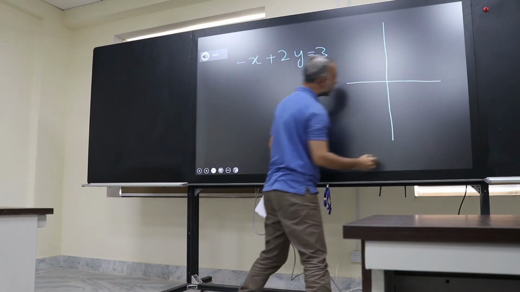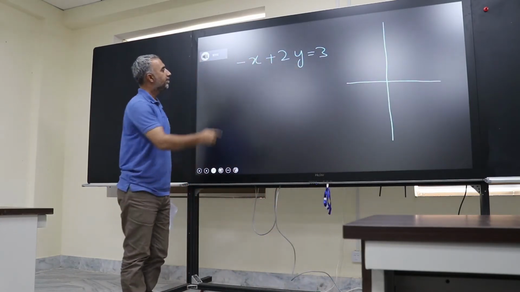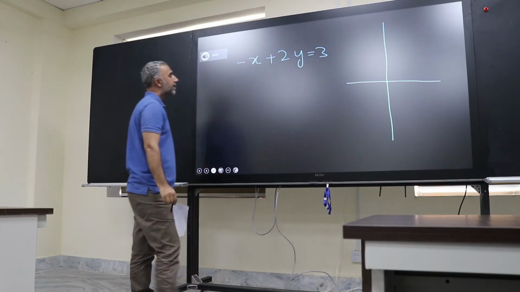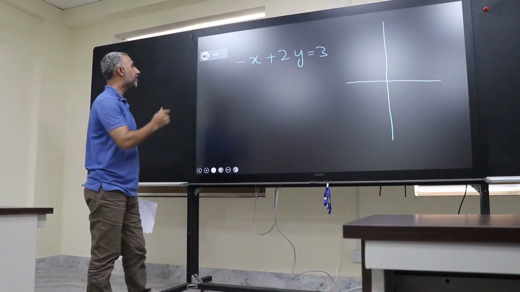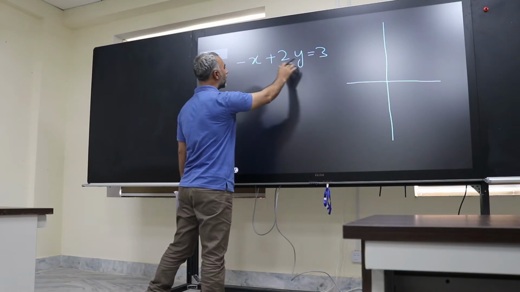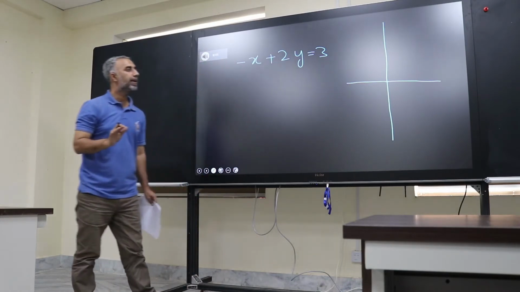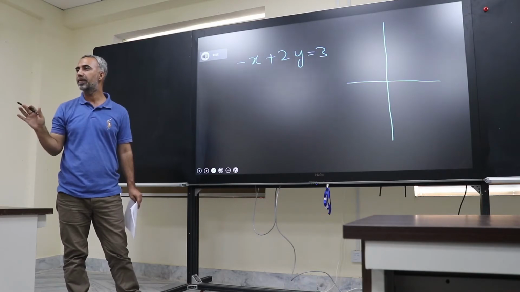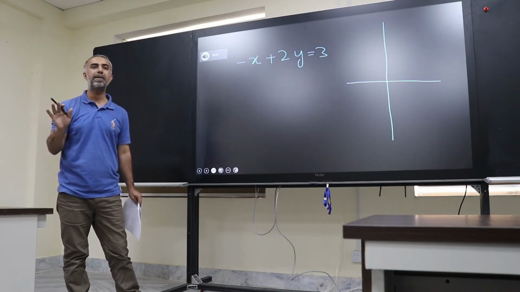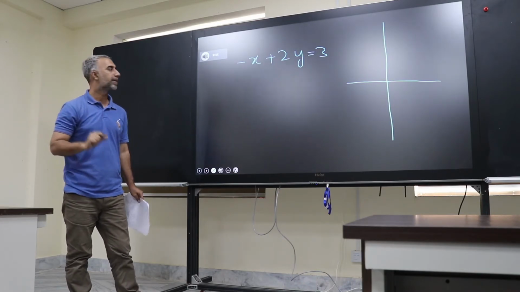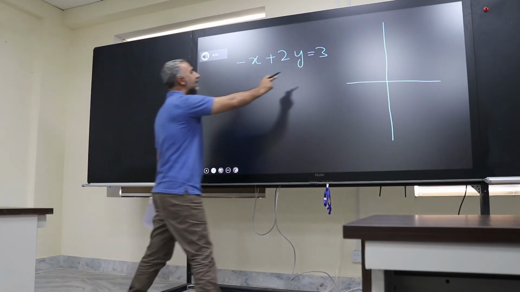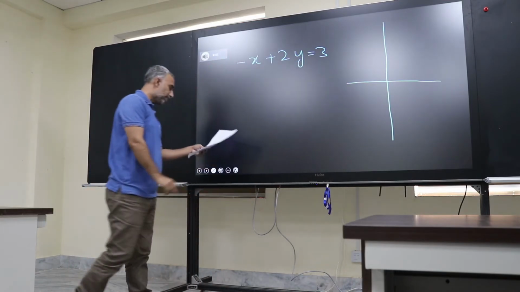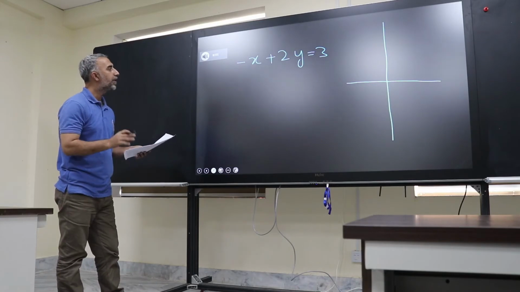For determining its graph, suppose x equal to 0, y equal to 0. In this case, passing through the origin is not possible. So not possible. For getting this 3, what can we assume?